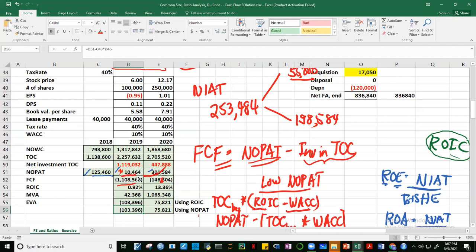Is free cash flow, when negative, bad? Does that mean it's not a good performance? Could you kindly chat, please? What was my question? Does it mean that it's a bad performance when it's negative? So if your answer is yes, guys, it means bad performance.